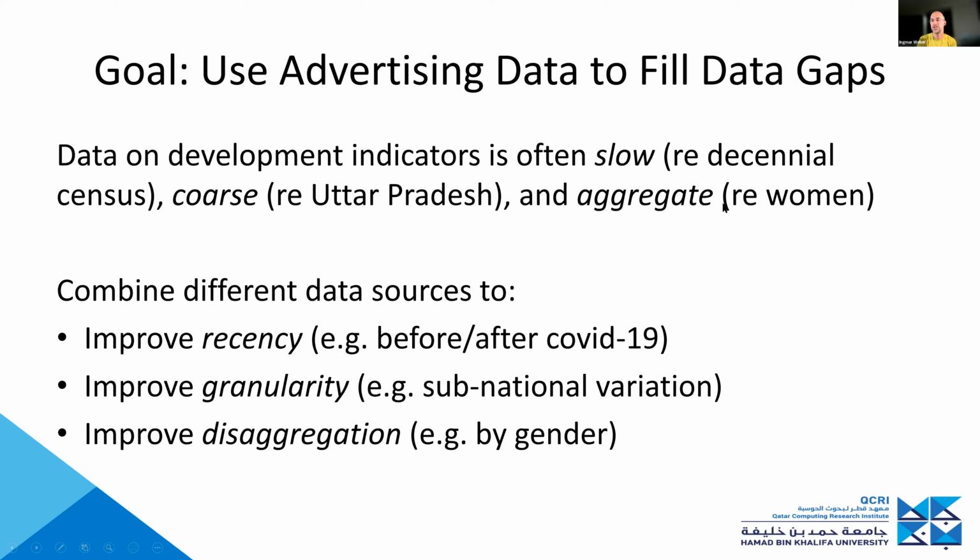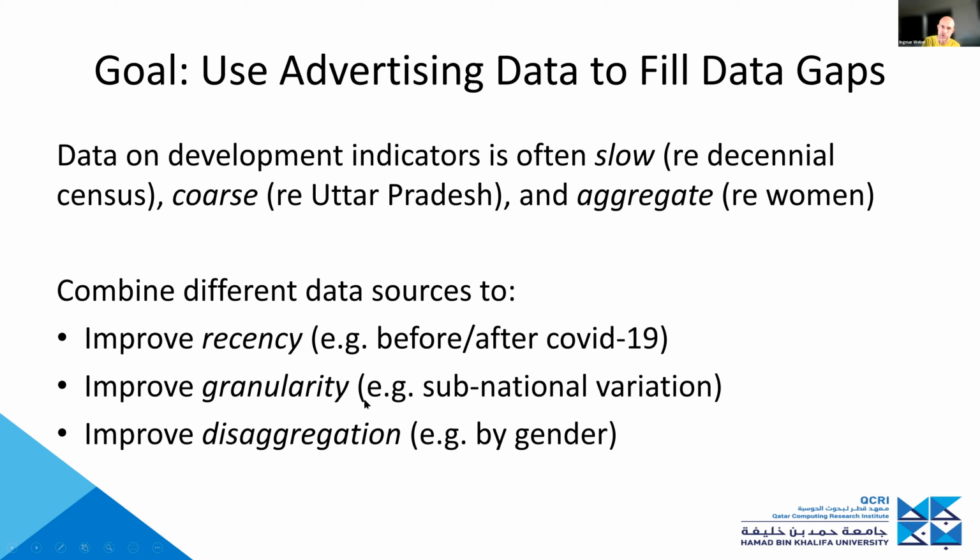Or it lacks disaggregation along demographic attributes, right? So maybe you're interested in understanding poverty from a gender dimension. If only the male head of household has access to wealth and assets, then maybe you want to know this, right? So how can you have something that's gender disaggregated? So in a nutshell, where advertising data, in particular from Facebook, is useful is for improving the recency. If you collect data regularly, you can look at changes in time, and I have some examples of that later.